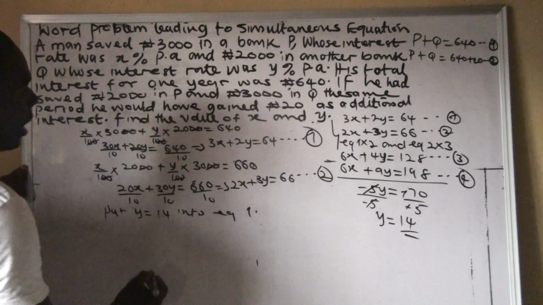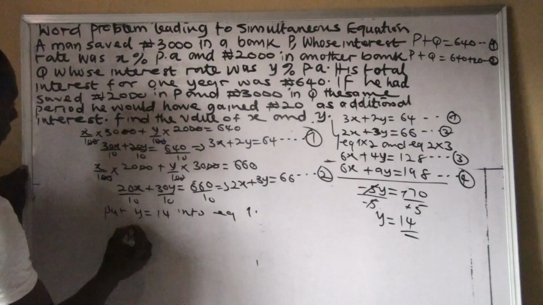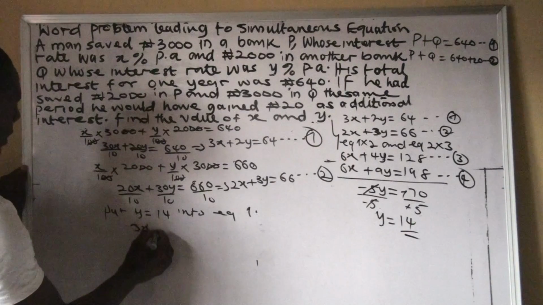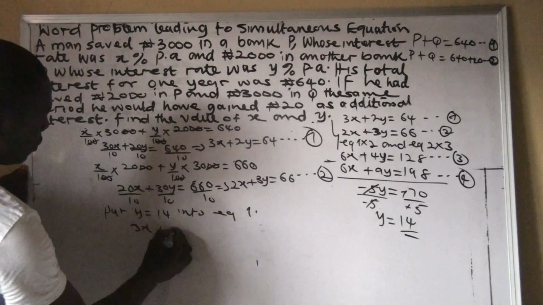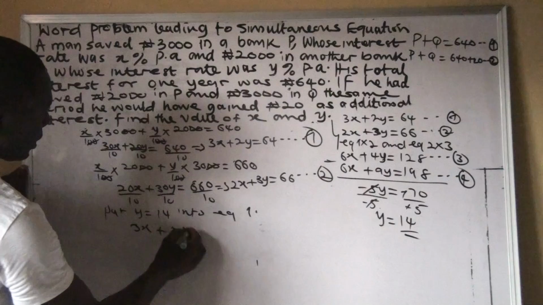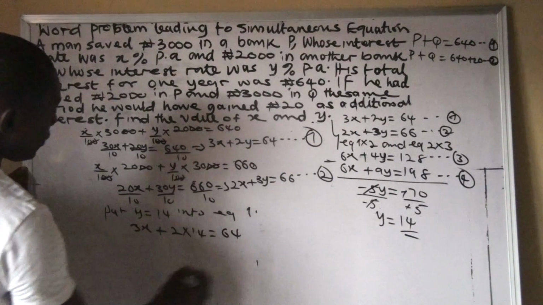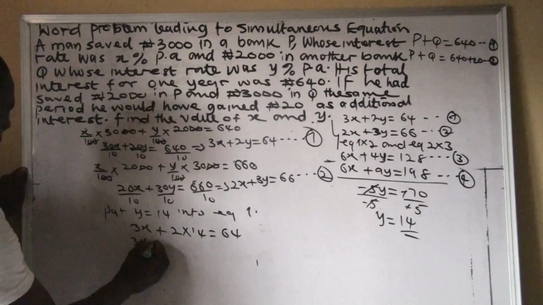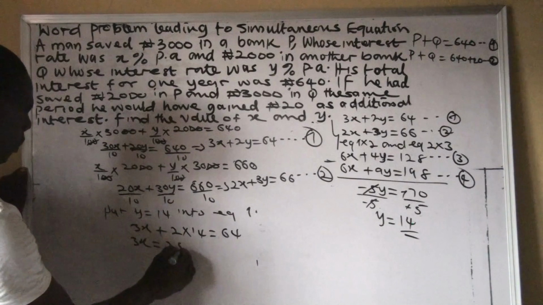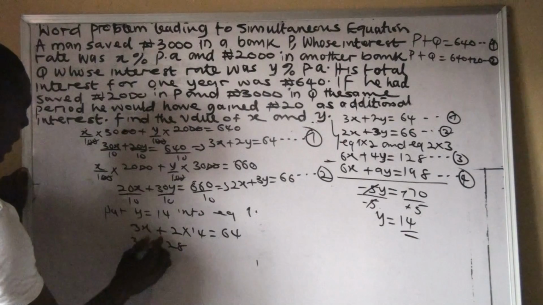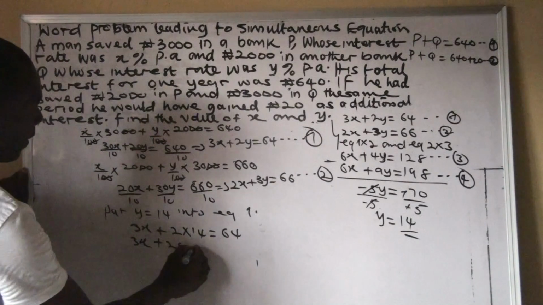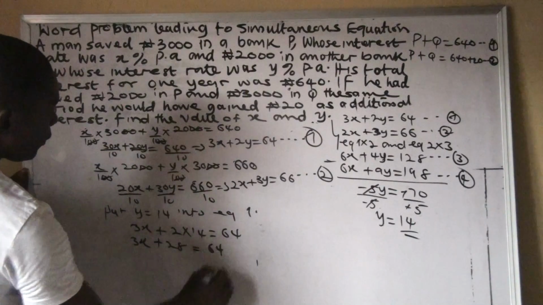So our equation 1 is 3x plus 2y is equal to 64. Our y is 14, so 2 times 14 is 28. So 3x plus 28 is equal to 64.